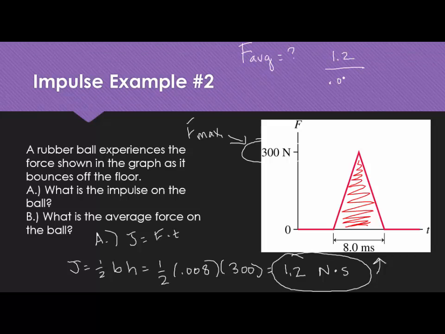Why? Well, if impulse is force times time, and we take the total impulse and the total time, we'll get the average force applied to it over this time period. So 1.2 divided by 0.008 is 150 newtons.